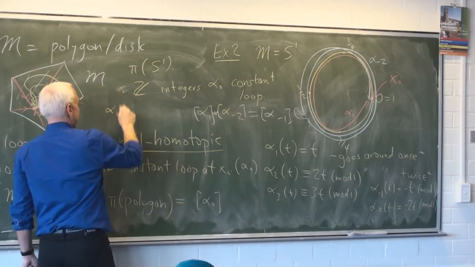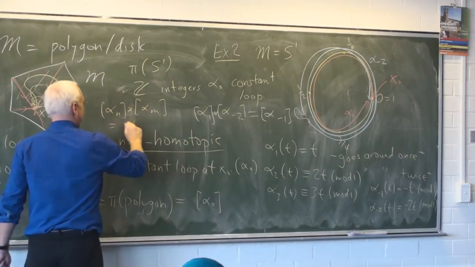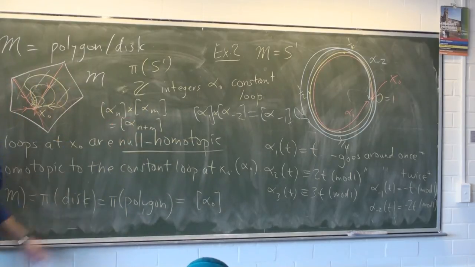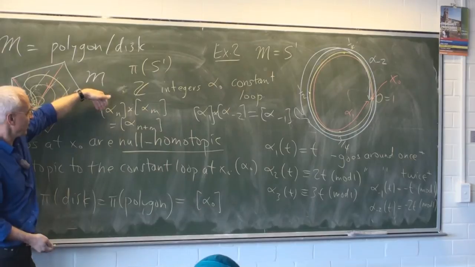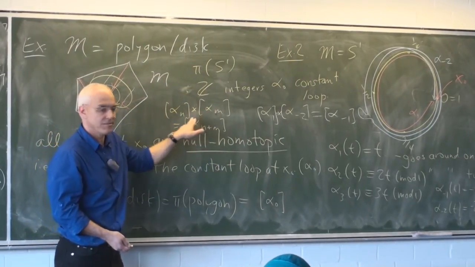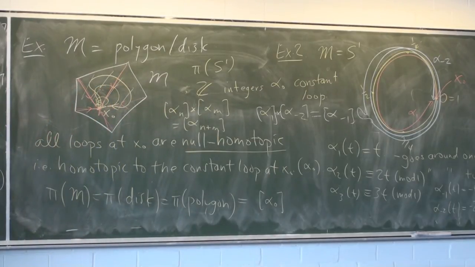So alpha n times alpha m equals alpha n plus m. That's the law that relates the fundamental group to the integers. Integers being these indices here that can range through any positive or negative integer values.